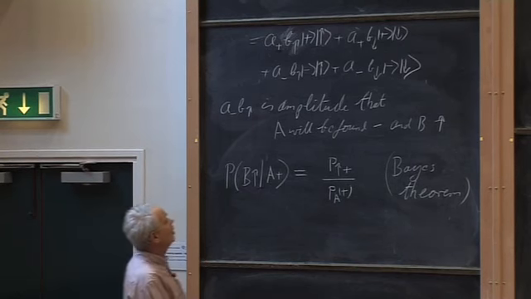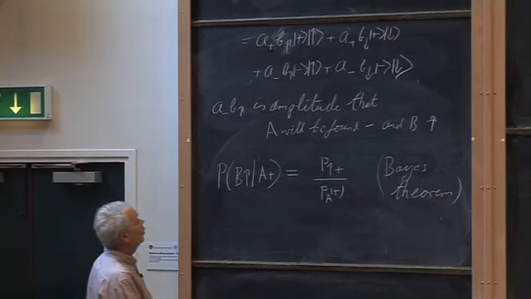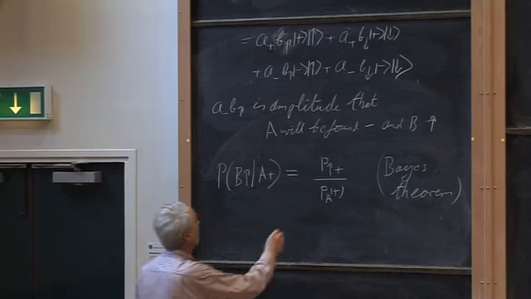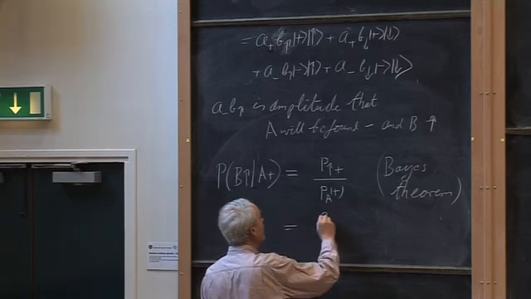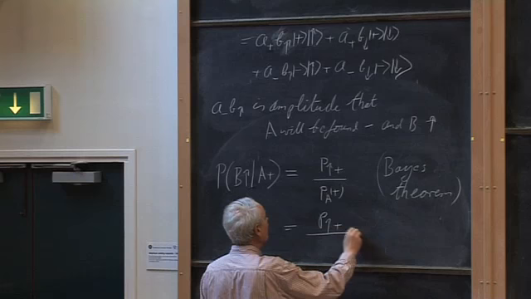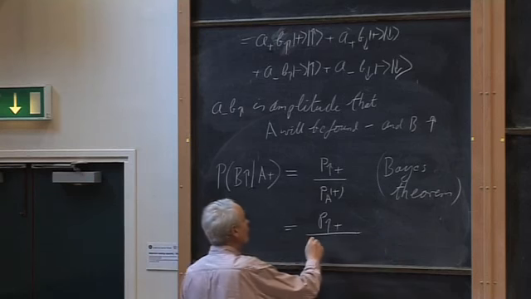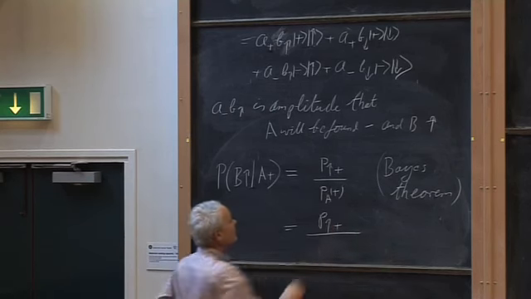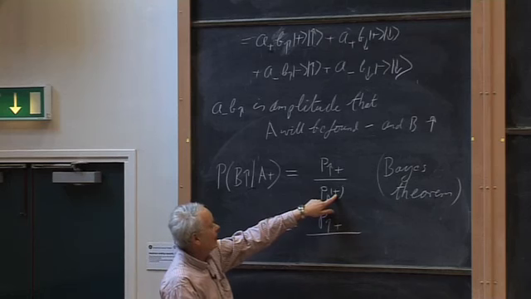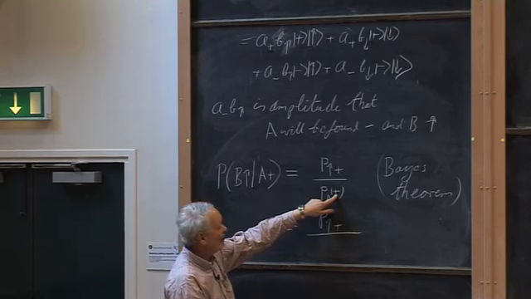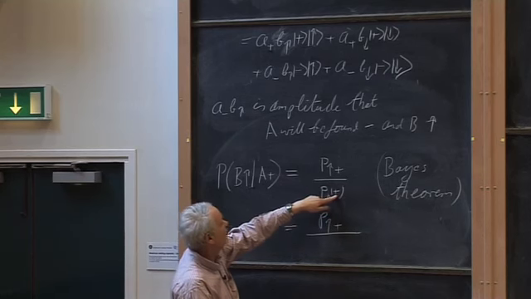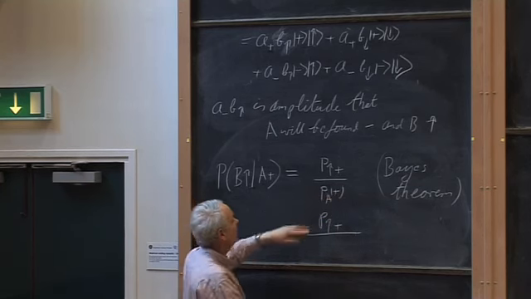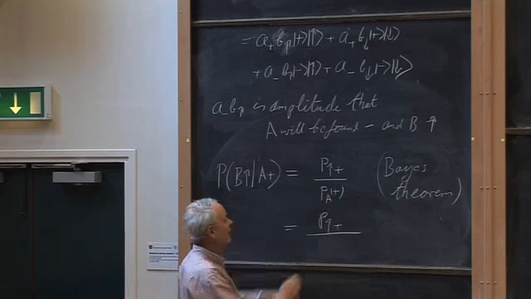All right, so what is that? That's the probability that we are up and plus over having plus on A. We can have plus in A in two ways with the composite system. We can have it either with B down or B up, and they're mutually exclusive events, so I can add their probabilities.